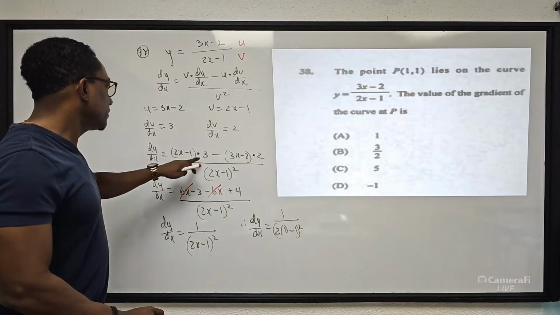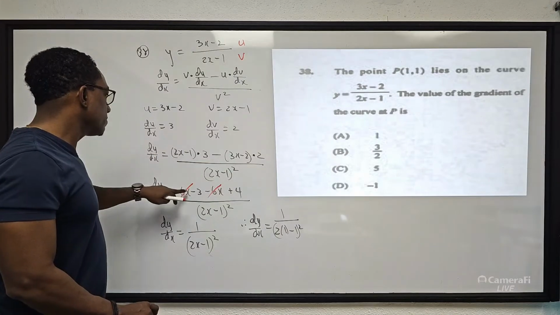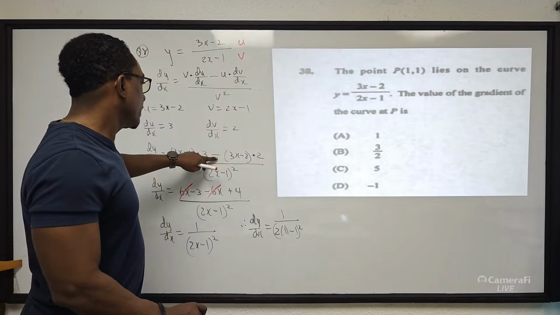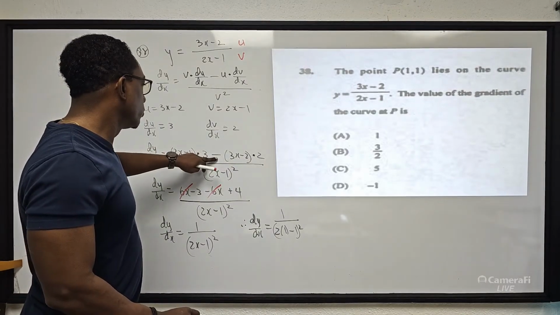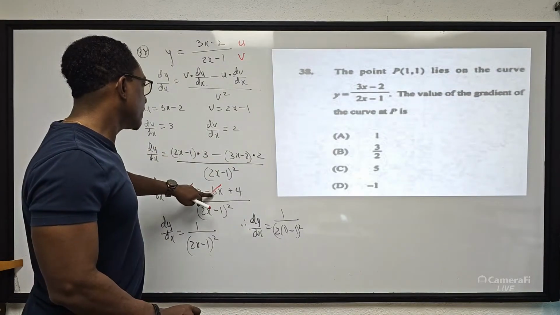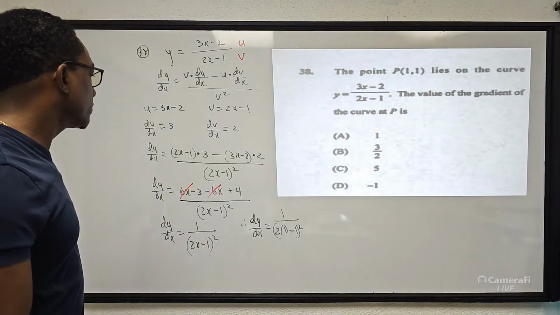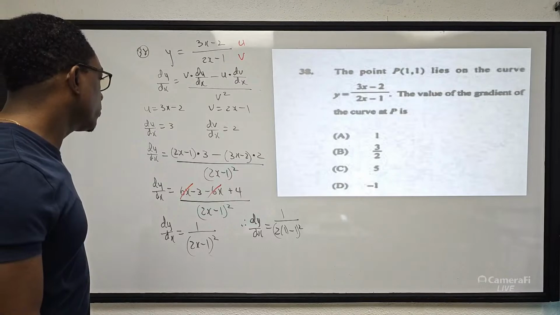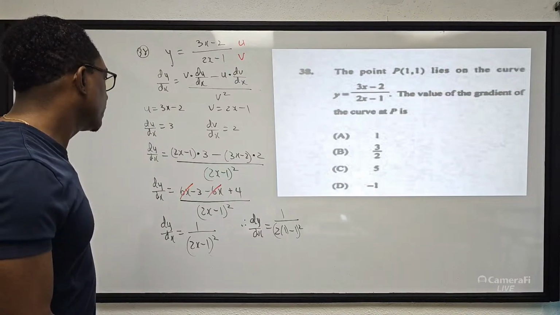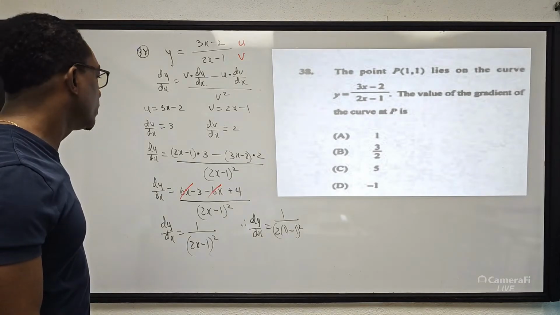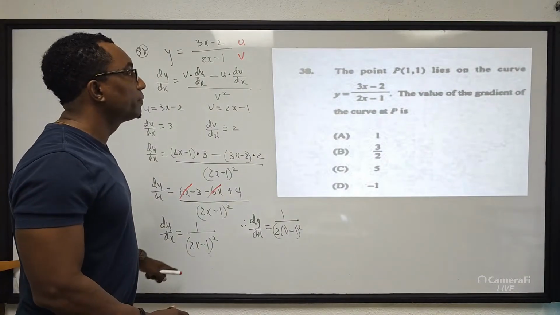We get 6x minus 3, and then negative 6x plus 4, all over (2x minus 1) all squared.